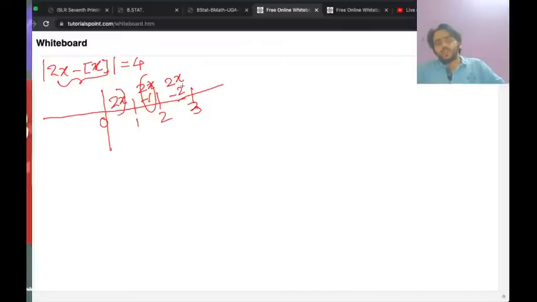So it will approach 4, but it will never be 4, because at 3 this will change again. It will change from 2x minus 2 to simply 2x minus 3, because at 3 your GIF is 3, right? So for that case you will have 2 threes are 6 minus 3 is 3. So over here also I'll have no solution.